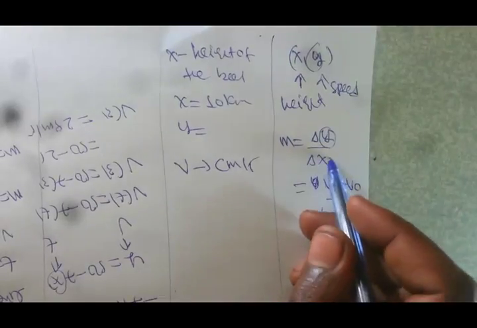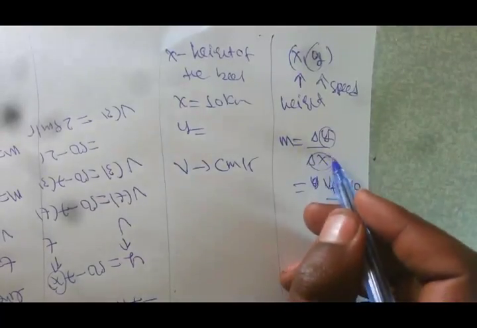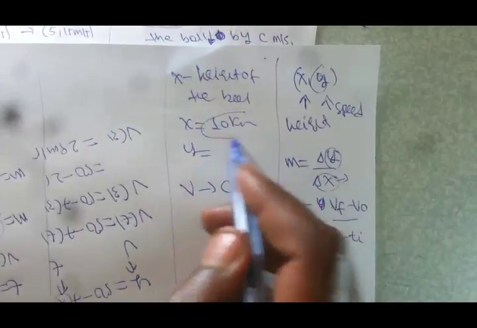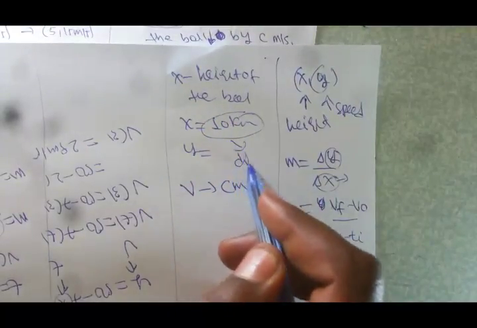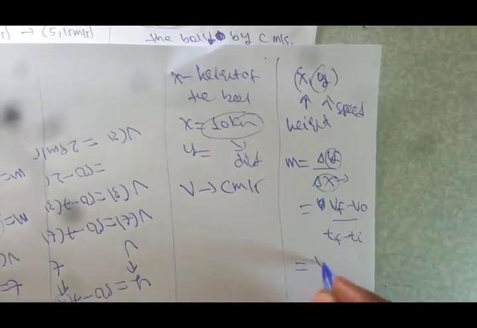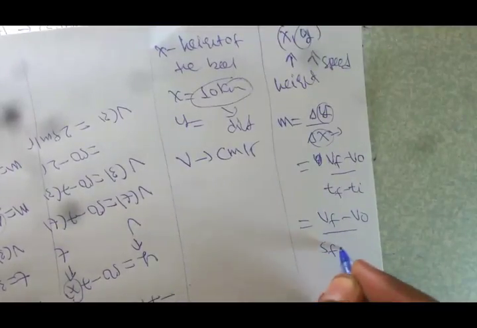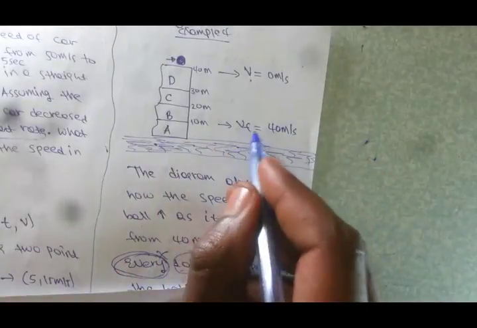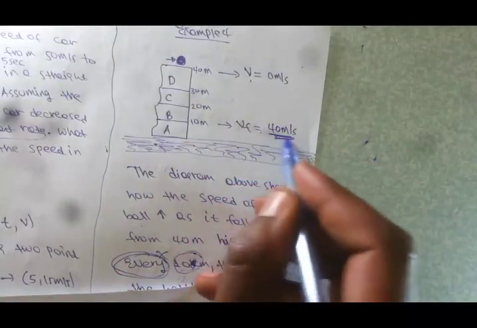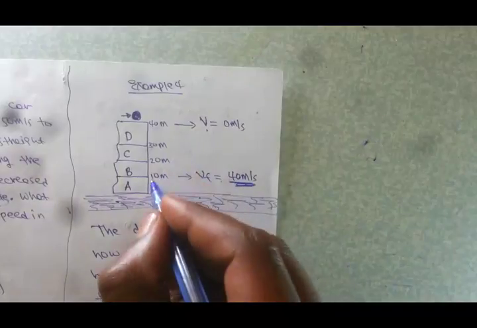But x does not represent time, rather it represents distance, because we already said 10 meters represents distance. Therefore, V final minus V initial over distance final minus distance initial. No, we don't know our final value, rather we know 2 points.